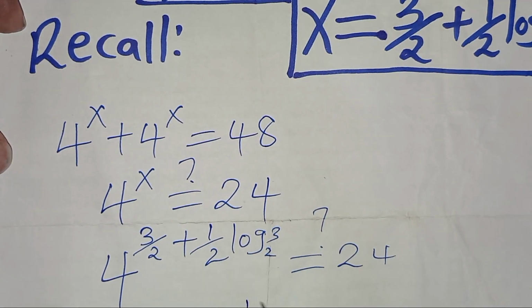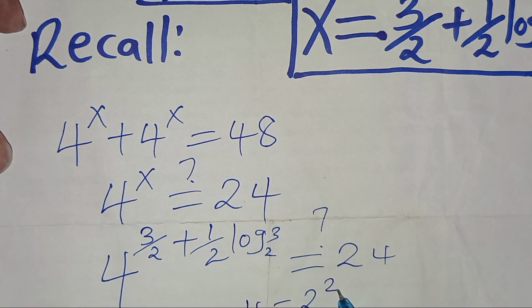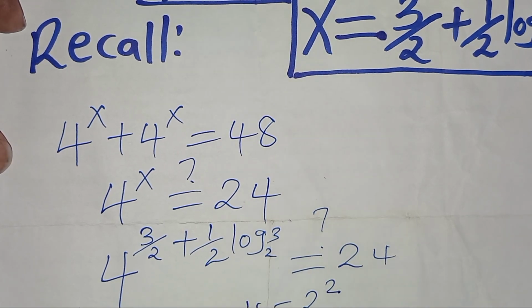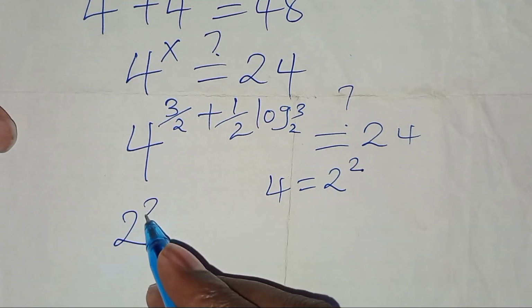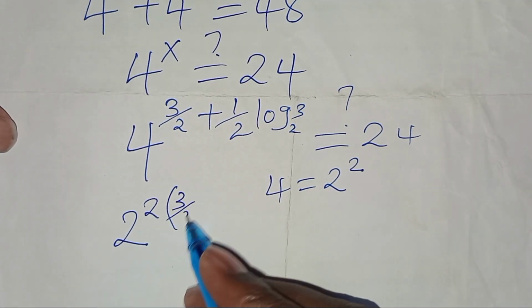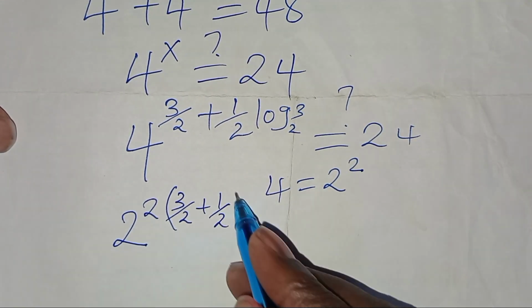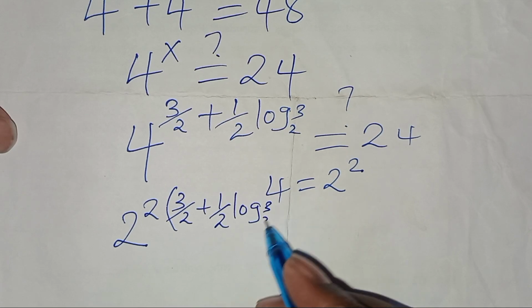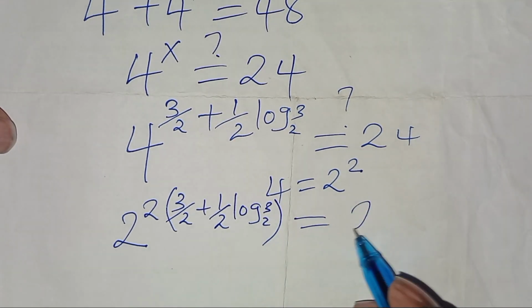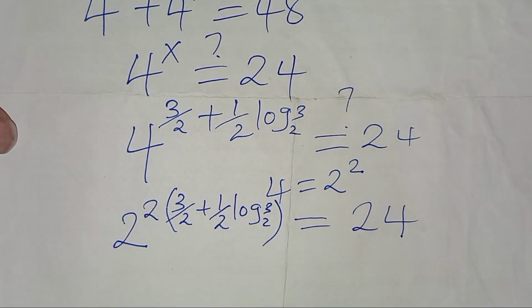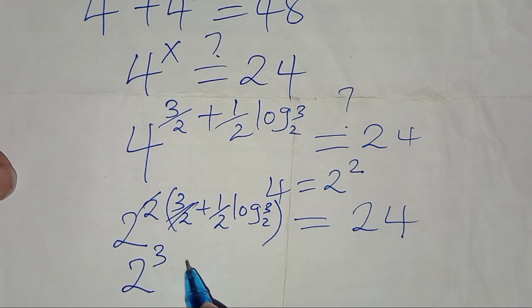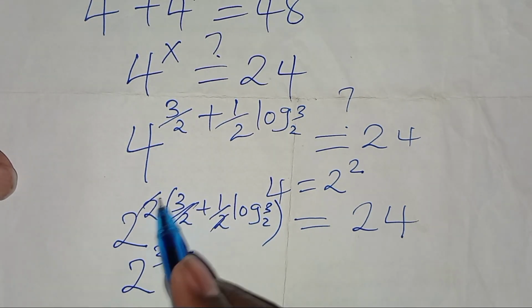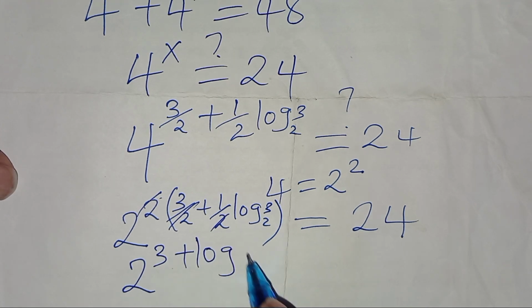Now we can express 4 as 2 to power 2. Substituting this, we'll have 2 to power 2 multiplying 3 over 2 plus a half log 3 to base 2. This should give us a value of 24. So let's simplify here. We will have 2 to power 3 plus log 3 to base 2.